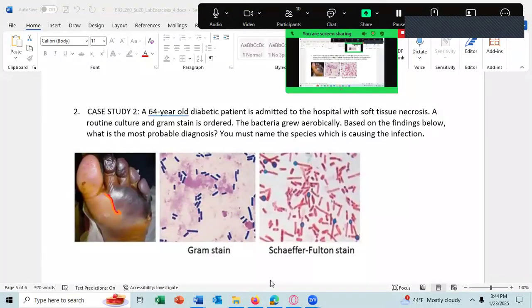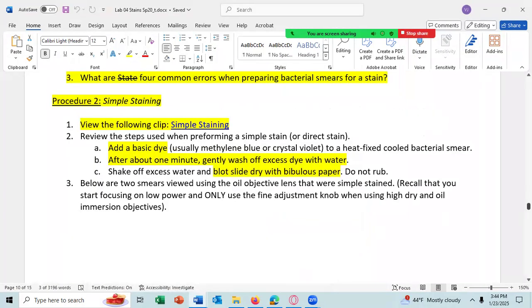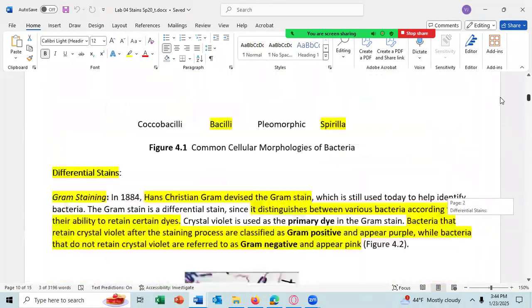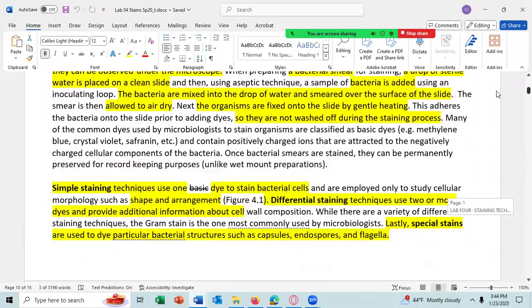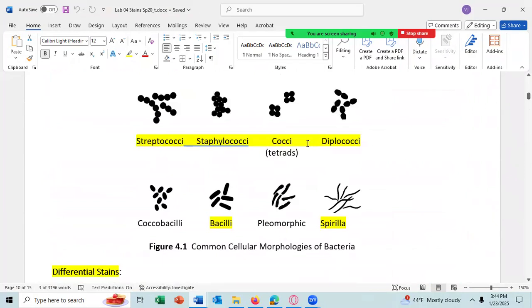So not all of them are shapes. The diagram that we were given in our lab, not all of them are shapes. Some of them are clusters. There are three bacteria shapes, basically. There's a cocci, there's a bacilli, and there's a spirilla.